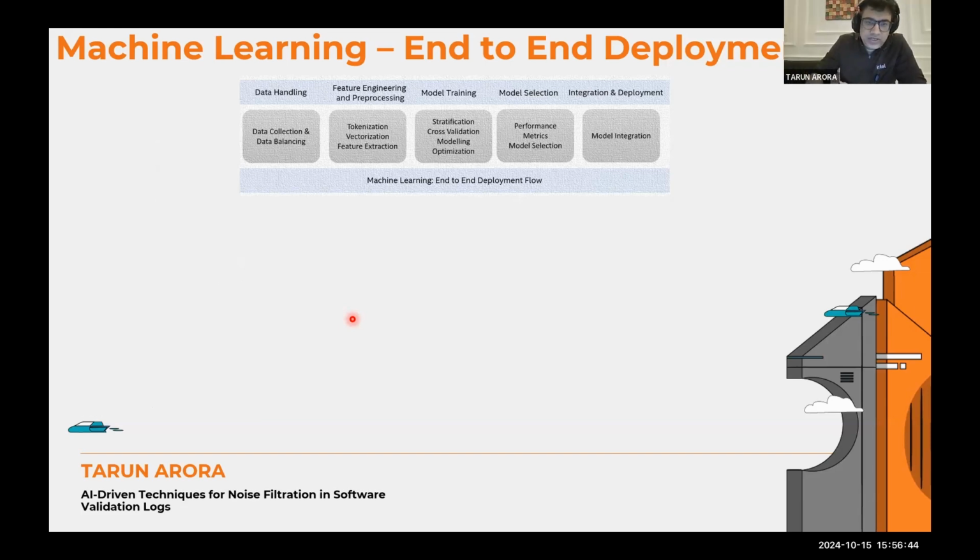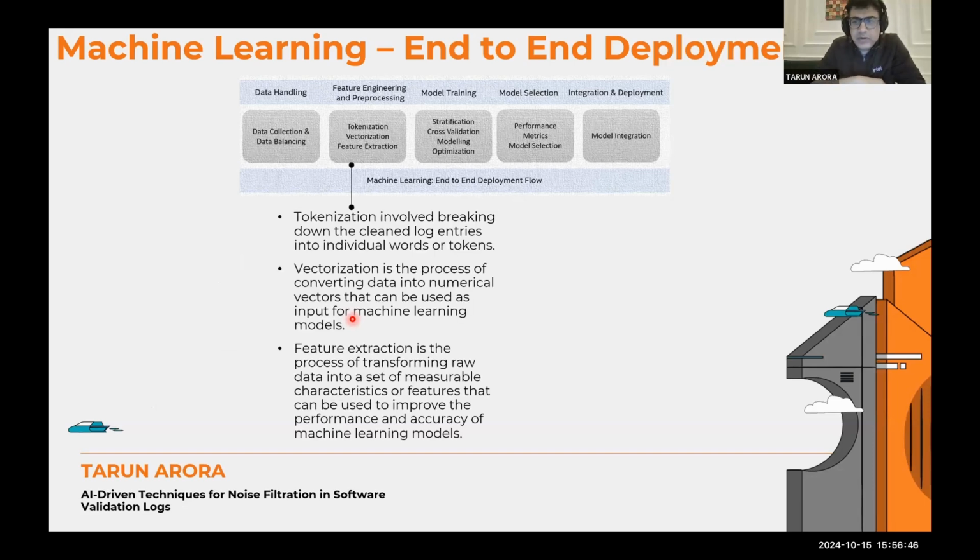Now, the other parts you do as a part of NLP are called tokenization, vectorization, and feature extraction. Tokenization is where we try to break the data or the logs into individual words or tokens. Vectorization, in terms of NLP, means that you convert your natural language into some numerical data, because that's how machine learning understands.